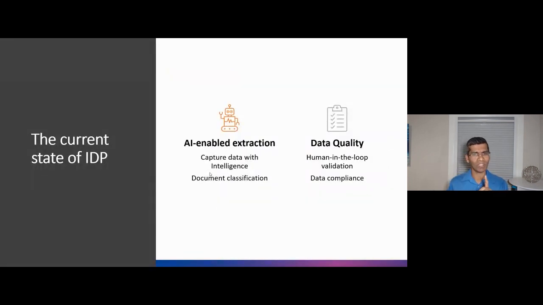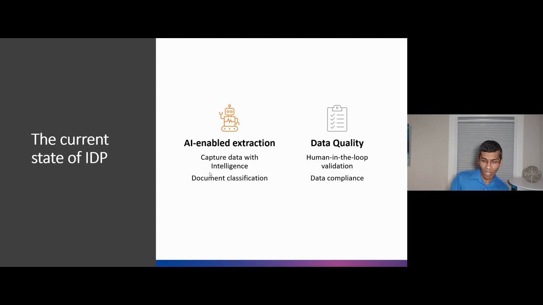What is happening today? The current state of IDP. Today, after the last 10 years or so, we are applying AI to capture data with super intelligence. We know how to classify documents. We know how to capture varieties of information out of them. And not only that, we are also solving data quality by keeping a human in the loop for validation or automation.